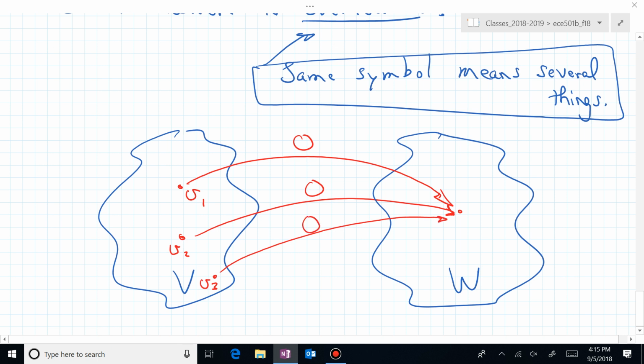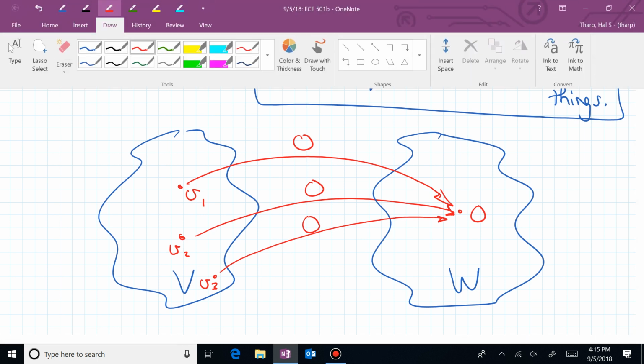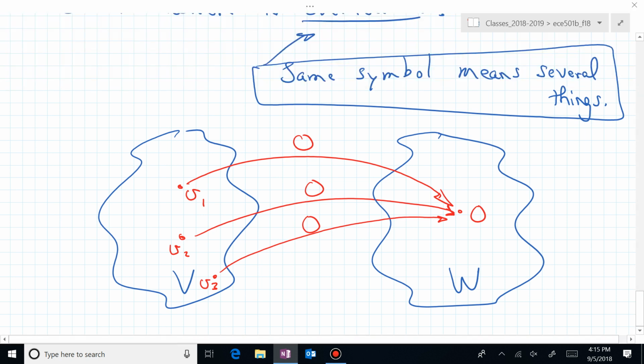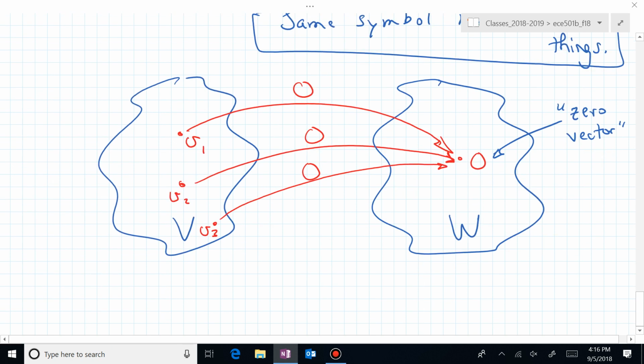Through the zero map, I'm now going to 0, which is really just the zero vector in W. So here is our zero vector. What are these? Those are the maps, aren't they?